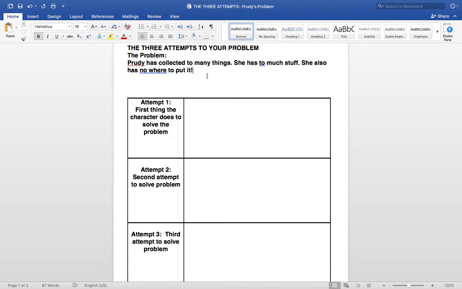And so what she tries to do is Prudy tries to stuff everything into her room.